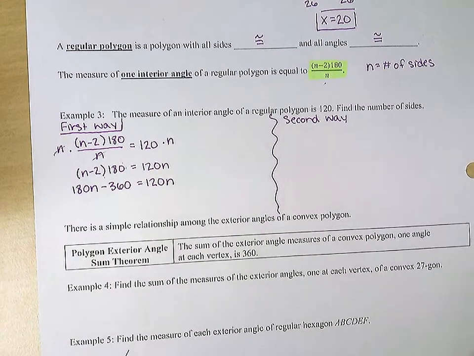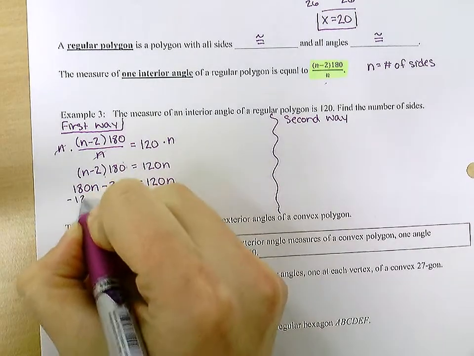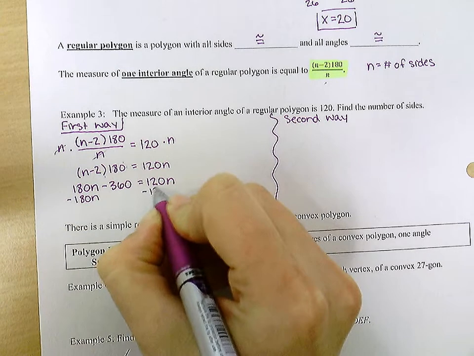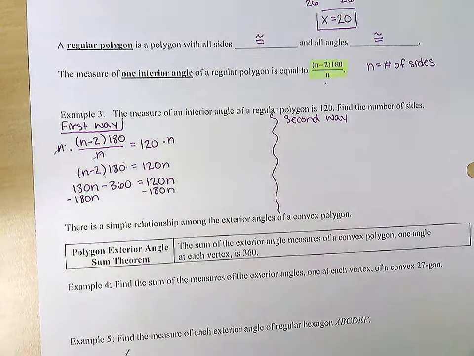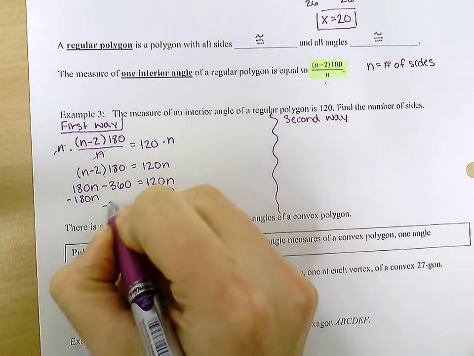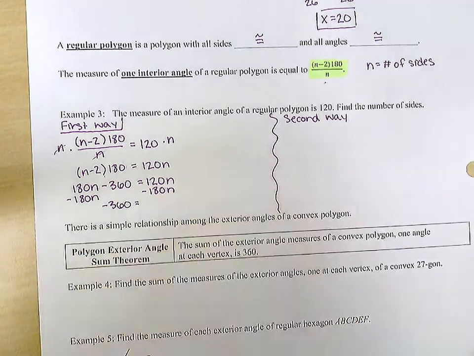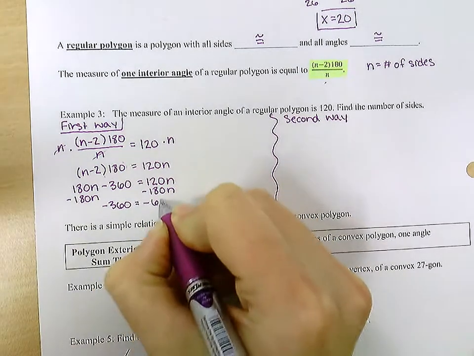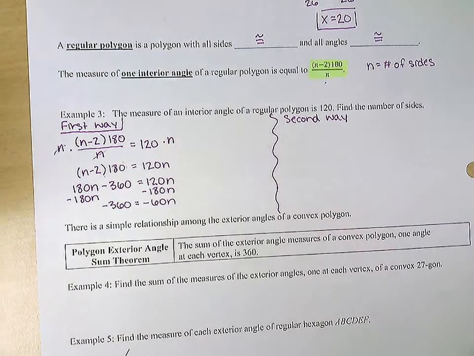So now I can continue solving for n from here. So subtract 180n. When I do that, I end up with negative 360 on the left and negative 60n on the right.